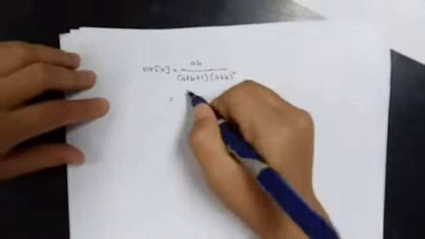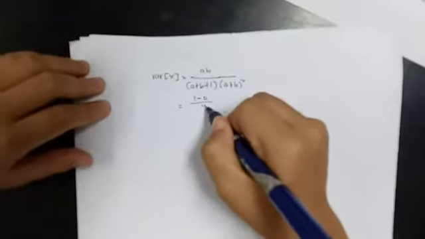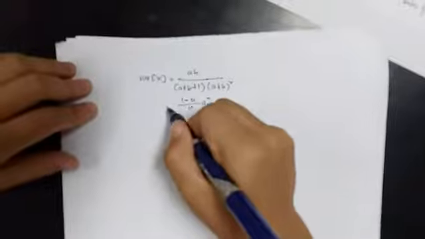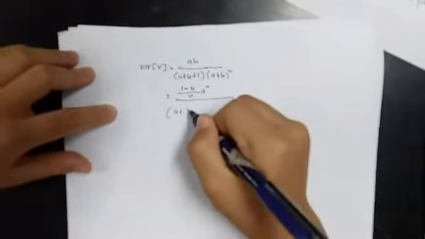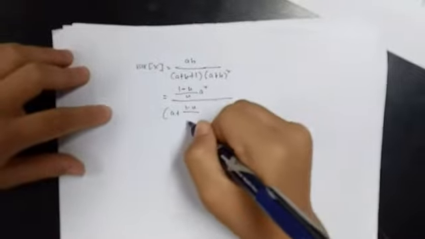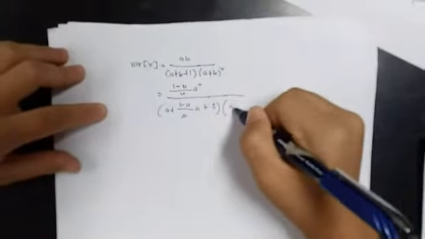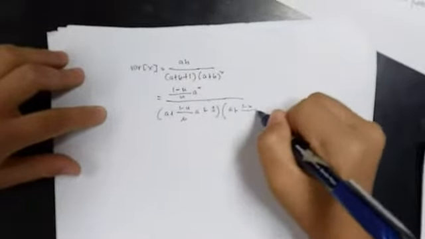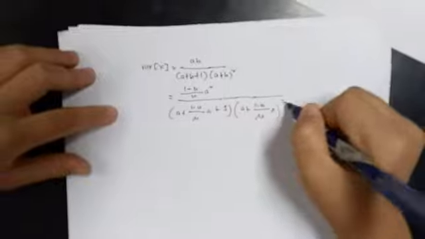By substitution, we now get ((1 minus mu) over mu) A squared over (A plus 1) times ((A plus (1 minus mu) over mu A) squared.